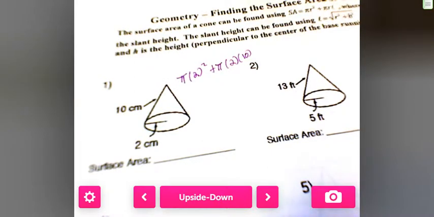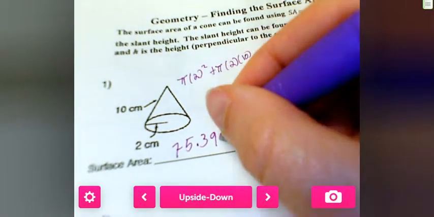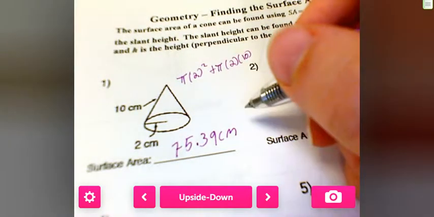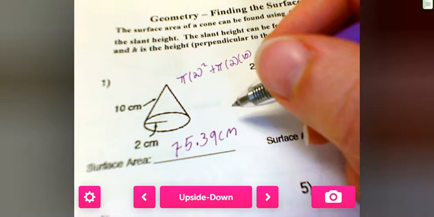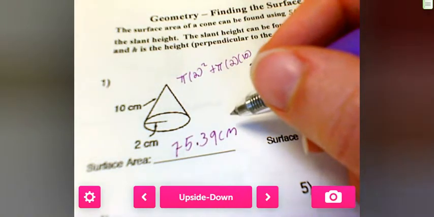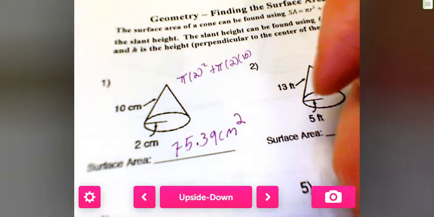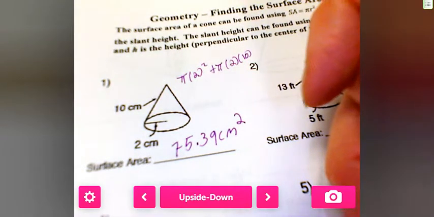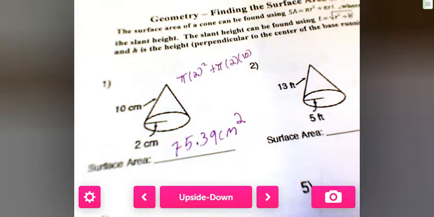And that gives me 75.39 centimeters what? When we're talking about area, is it just centimeters? Is it centimeters squared? Is it centimeters cubed? Squared. Area is always squared. Okay? And volume is always cubed. Okay?